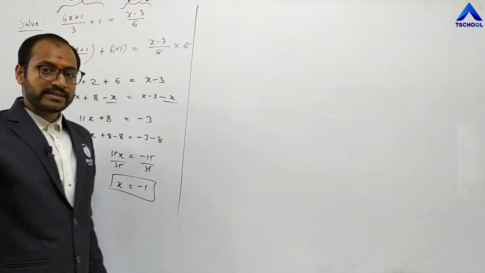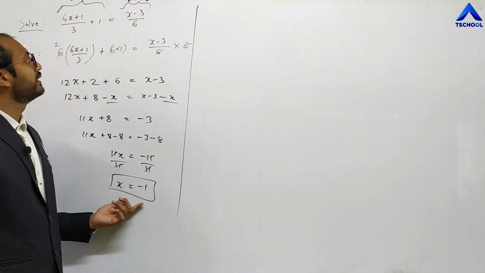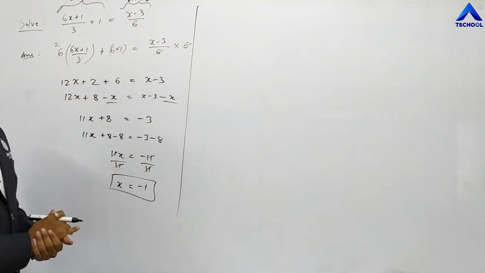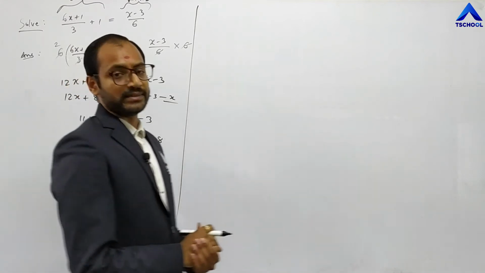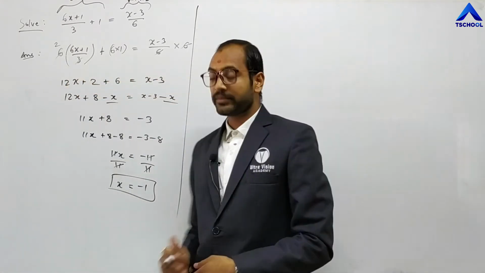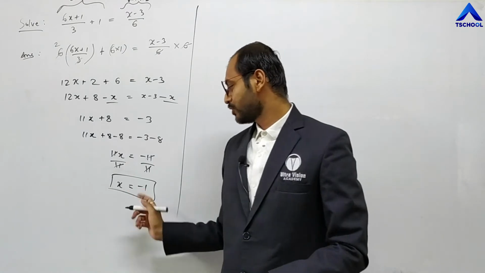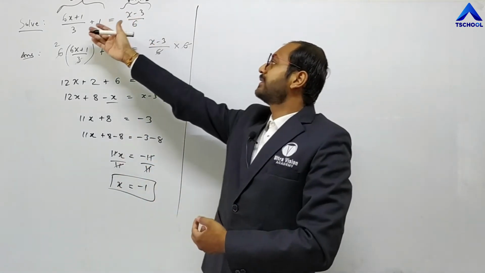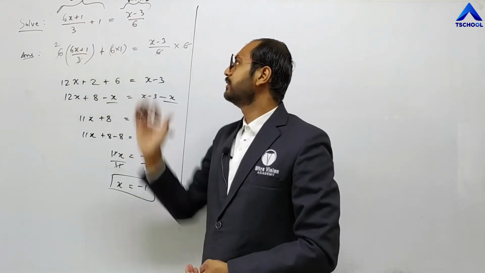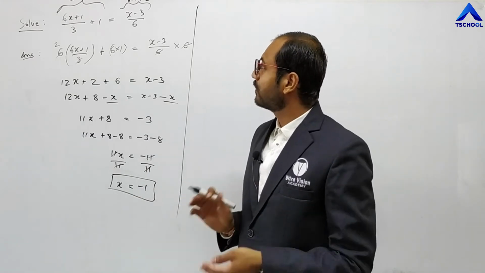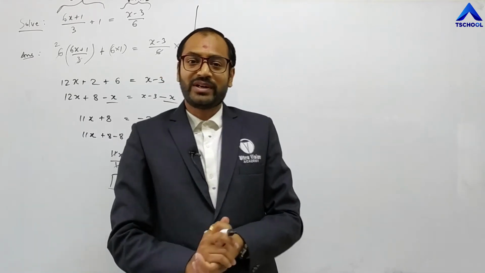So at this time, we should verify this answer. Is this correct or not? That means the value of x equals minus 1. If we put this value of x in both sides, is the answer equal or not? Is LHS equal to RHS or not?